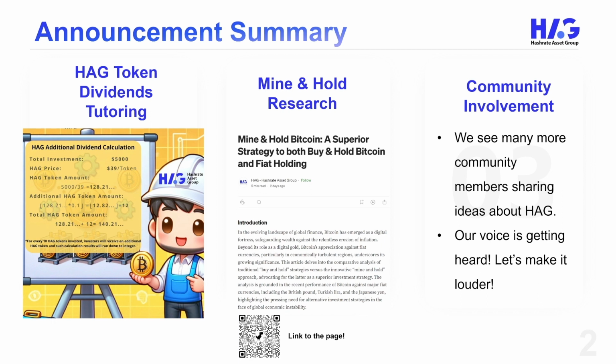So I think understanding the power of Mine&Hold is especially important for our candidates, potential investors, and also our existing investors. So I would like to take some time to dive into this article.